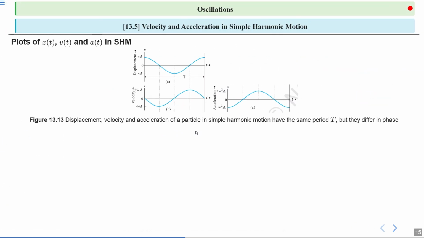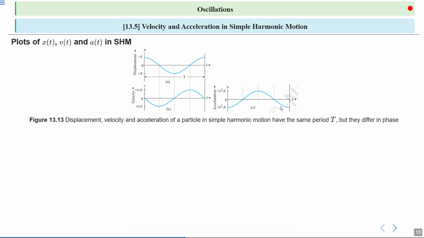So, plots of x(t), v(t) and a(t) in SHM. Let's look at how displacement, velocity and acceleration change over time for a particle in simple harmonic motion, or SHM. The graph here shows all three quantities plotted against time: displacement versus time, velocity versus time, and acceleration versus time.